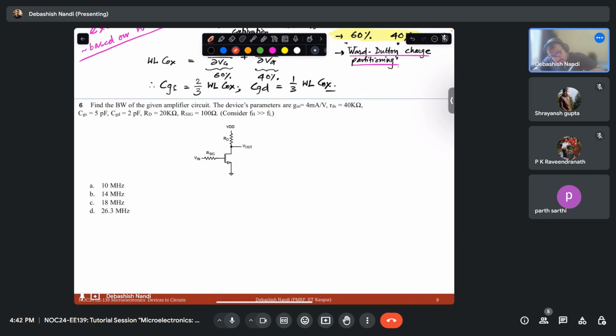So what are the capacitances we have? This is my CGD and this is my CGS. These two are given in the question. GM is given, then RDS is given.